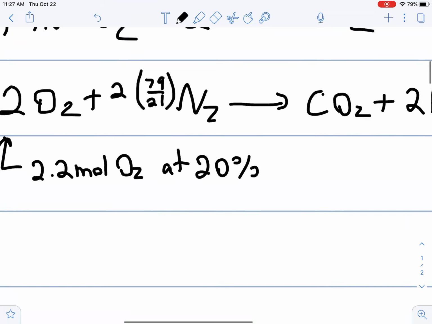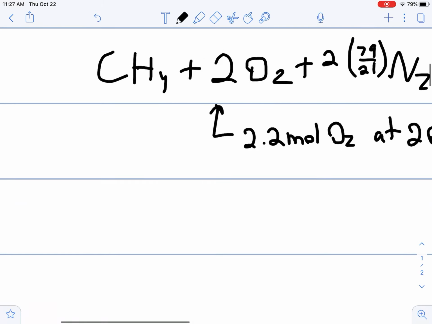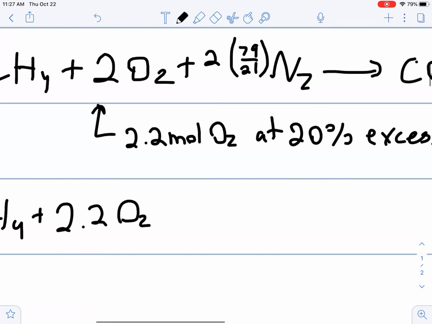Now we can rewrite this equation in terms of that 20% excess. So we still have this 1 mole of CH4, plus the amount of oxygen, which is 20% excess of what we had originally, 2.2 O2, plus the 20% excess of nitrogen, because that nitrogen is also in the air.